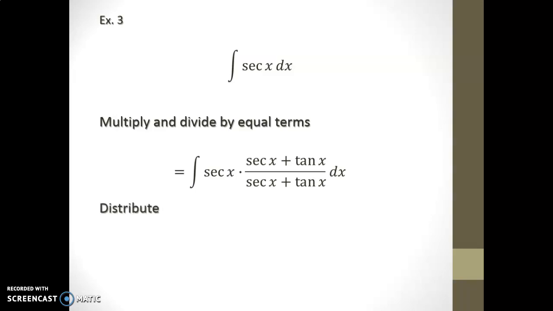Now distribute secant x to the numerator's terms. Secant square x plus secant x tan x just happens to be the individual derivatives for tan of x and secant x, which you actually recognize at the bottom.